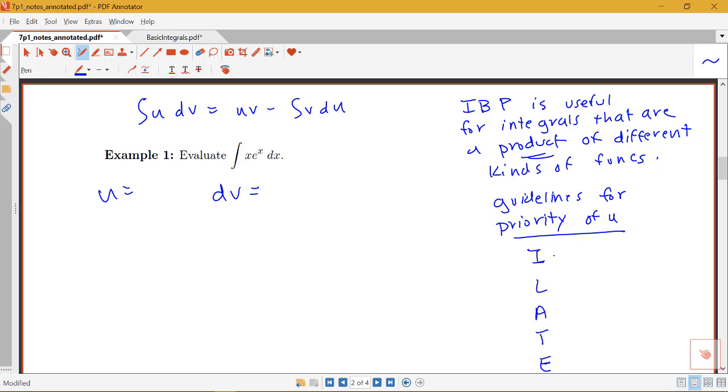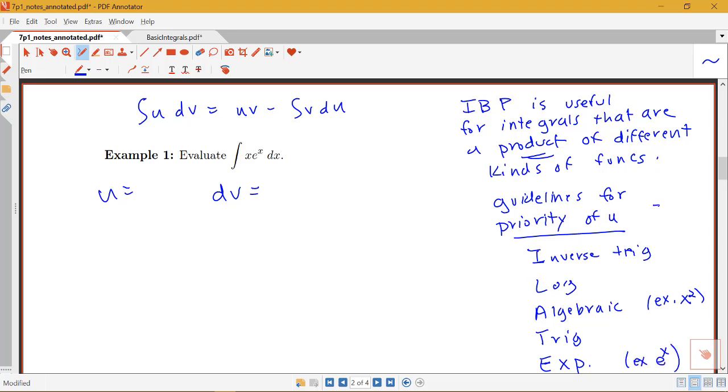I stands for an inverse trig function, like arctan or arcsine. L stands for a log function. A stands for algebraic, something like a power of x. T stands for a trig function like cosine or sine, and E stands for an exponential function like e to the x.